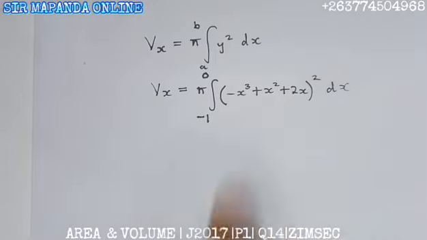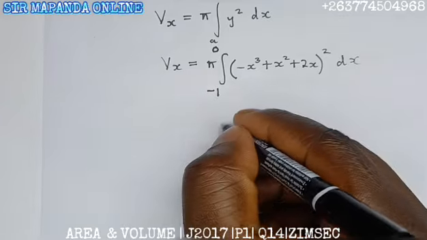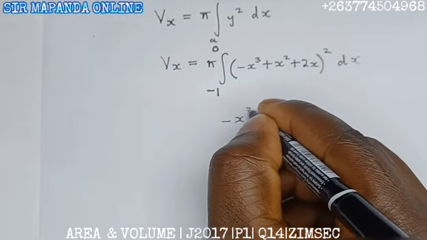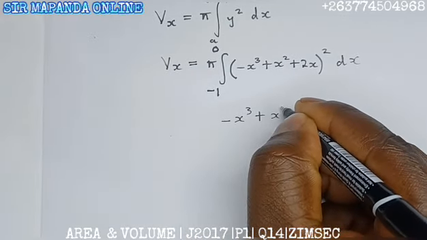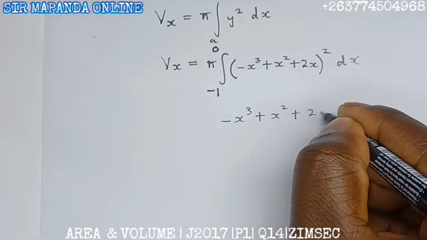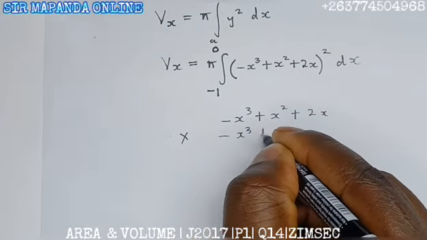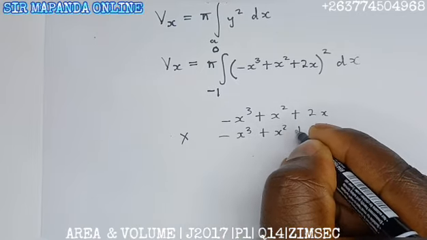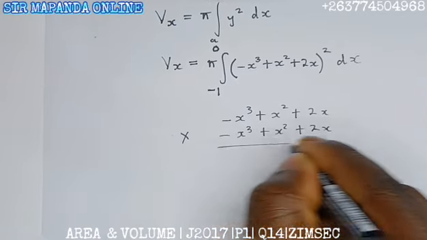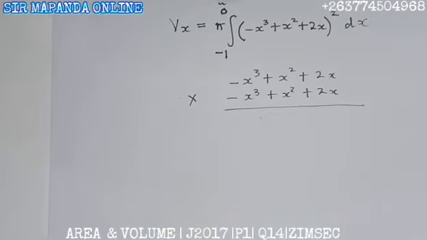So we need to expand this first. We can make use of the vertical approach. We want to multiply the two expressions here. So vertical approach, it helps you to align the like terms.